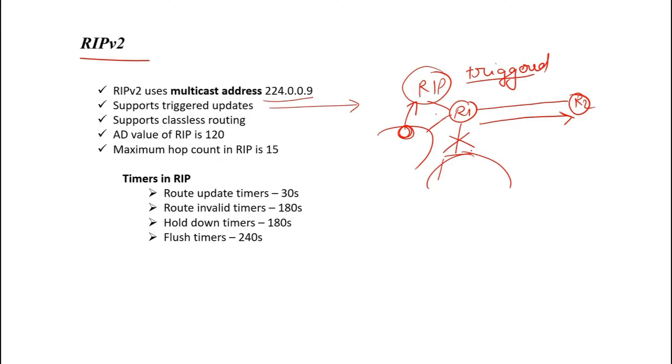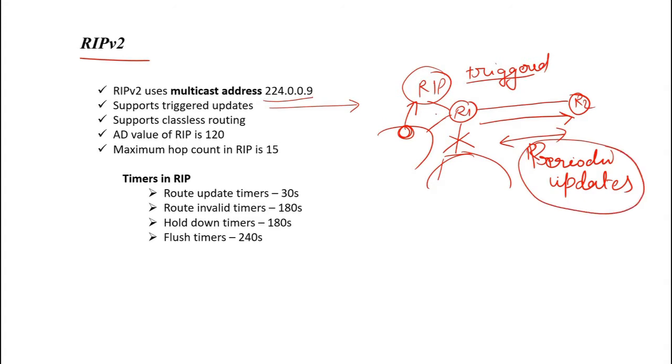Suppose this network goes down. The router will still become aware of it through the routing updates that we call periodic updates, because the routers send periodic updates and match their routing tables. So that will also be known through periodic updates, but RIP supports triggered updates as well.